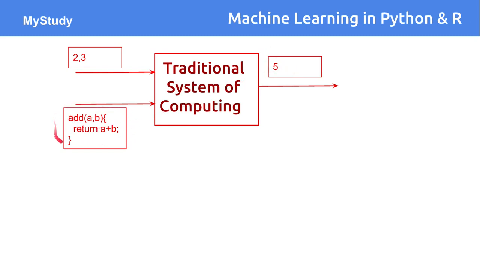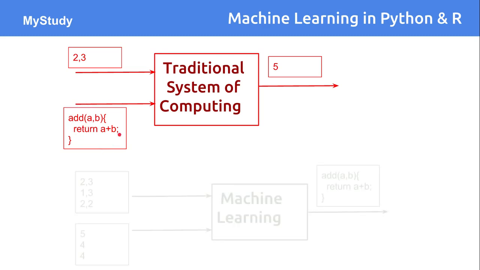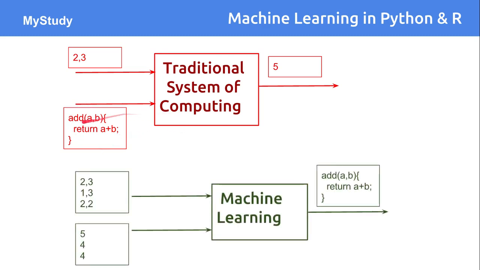But all these rules are hard coded. Every time we change the rule, the system needs to be updated; the programmer has to write a new rule, a new program. But in machine learning, we are not going to write this kind of program. We are going to get very lazy in the future.